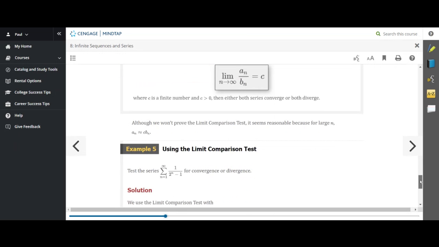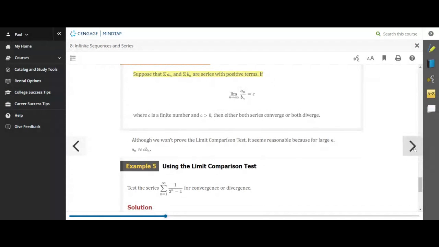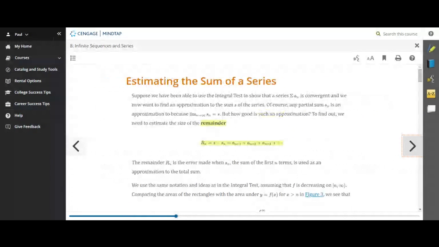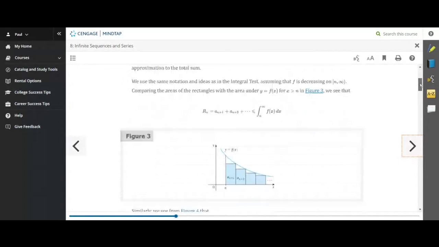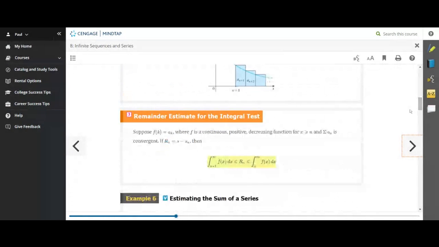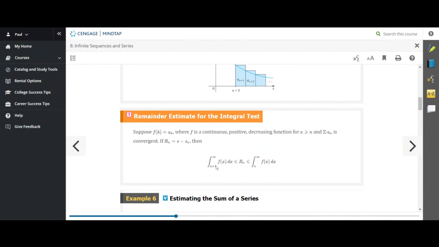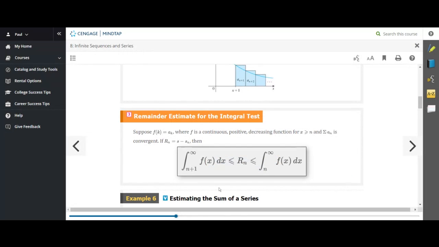All right, good. Let's go on here. Okay, so now another theorem is estimating the sum of a series. Remember, if you have a convergent series, that means that series has a finite sum.